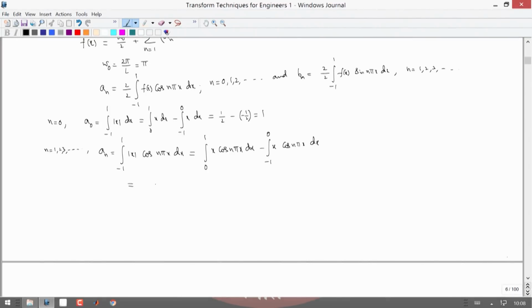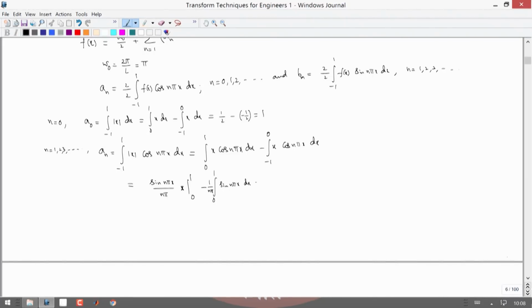If you do, sin n pi x by n pi is the antiderivative of cos n pi x, and then x. These are the boundary terms, they have minus 0 to 1, 1 by n pi comes out, sin n pi x, and then you have the derivative of x, which is 1, dx.